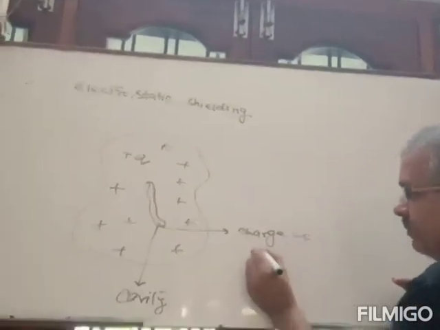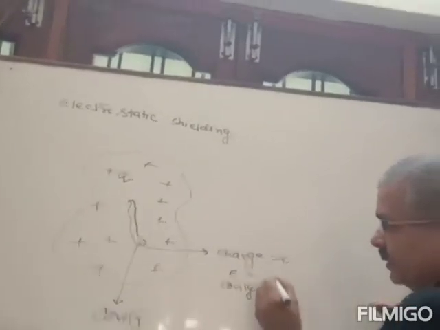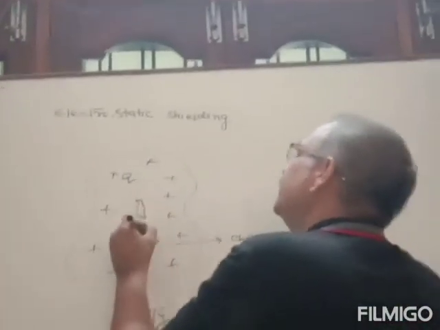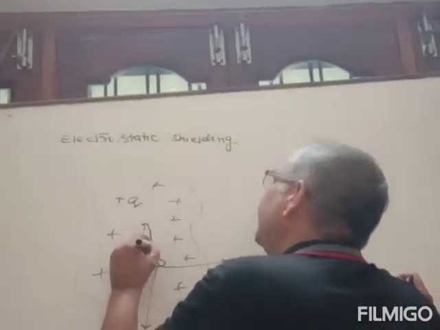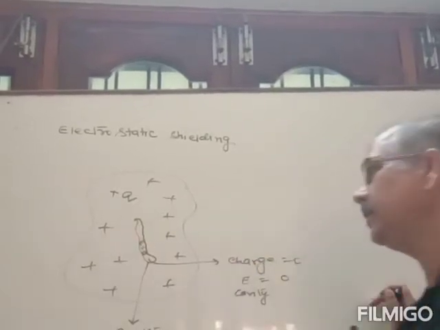Therefore electric field intensity at the cavity is equal to 0. Means electric field intensity at the cavity that is present on the surface of a charged conductor is 0.